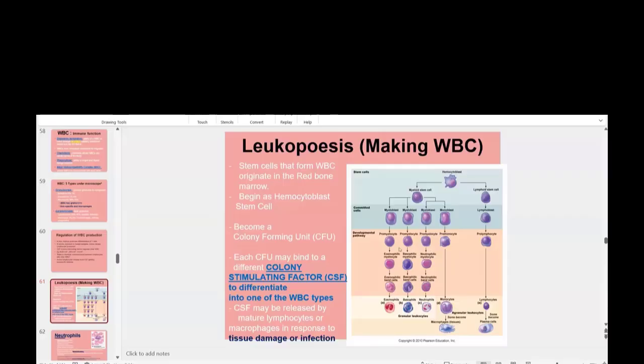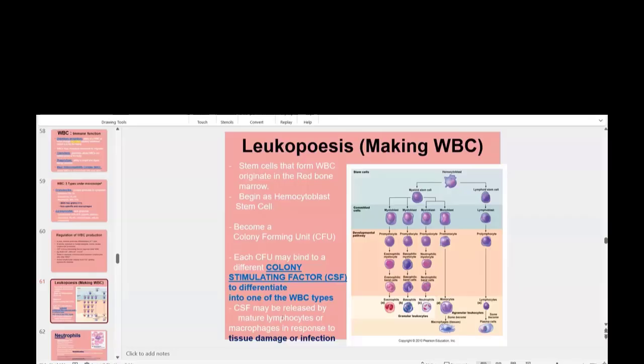You don't have to remember these classifications or steps. You just have to remember that it begins with the hemocytoblast, which divides into the myeloid stem cell and lymphoid stem cell. From the word lymphoid, you know it ends up in lymphocytes, and from the term myeloid, it proceeds in this direction to give rise to the other granular leukocytes.